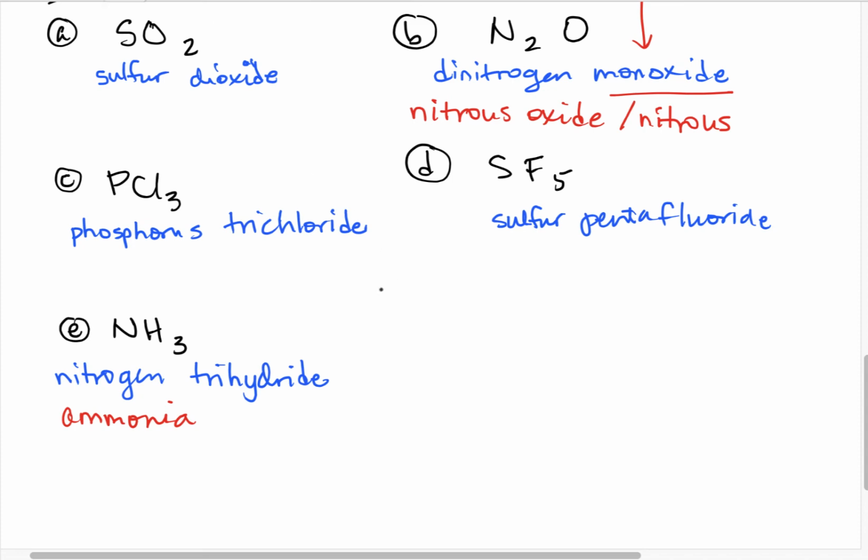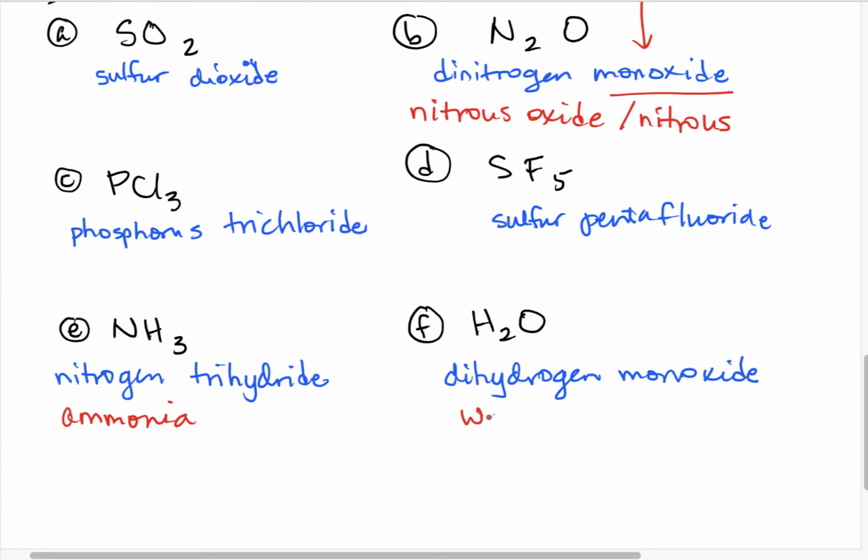And of course then there is a fifth example, which is this one, right? And probably if you have named this before, you can recognize it as dihydrogen monoxide. But this has a common name too, which hopefully you remember is water.